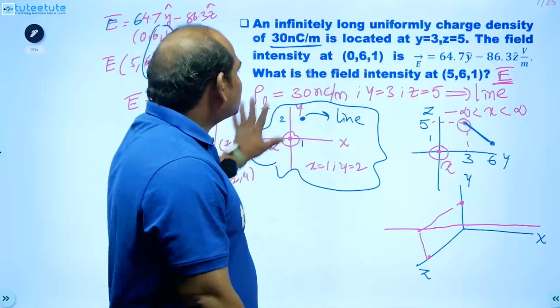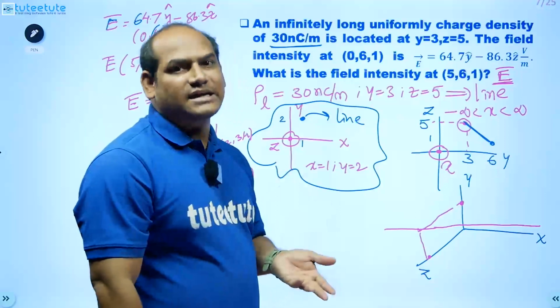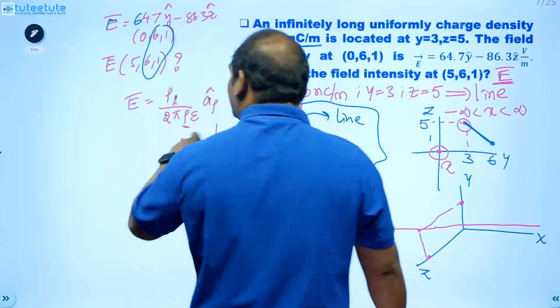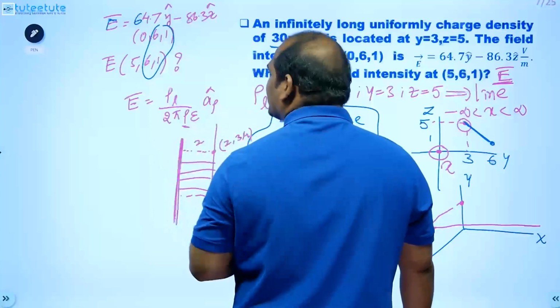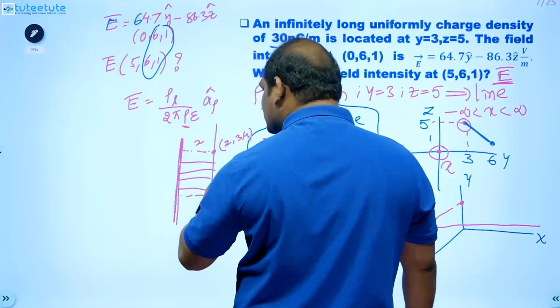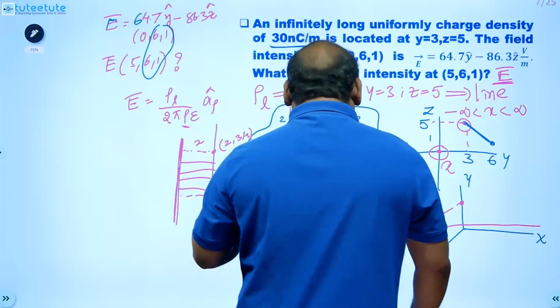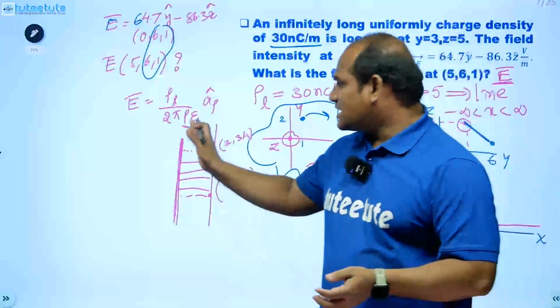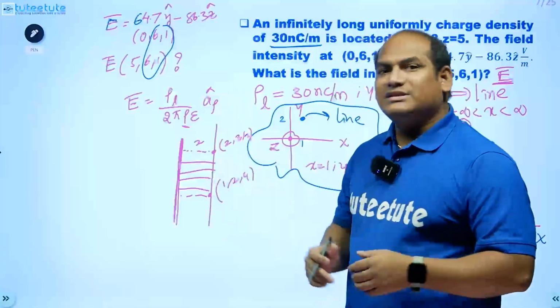So in order to solve this problem, you need to know the concept. The electric field basically depends upon the distance only, the perpendicular distance from the line charge to the observation point. Many points at the same distance from the line charge have the same electric field.